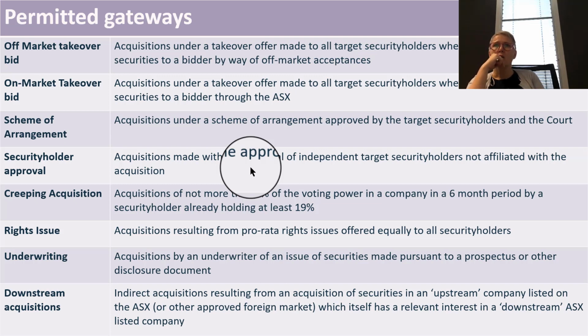Every time your holding changes by more than 1%, you have to disclose it to the market. But you are not breaching the takeovers provisions, provided that the maximum amount that you purchase in a 6-month period is not more than 3%.